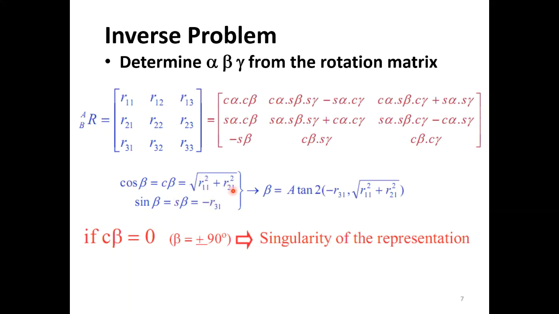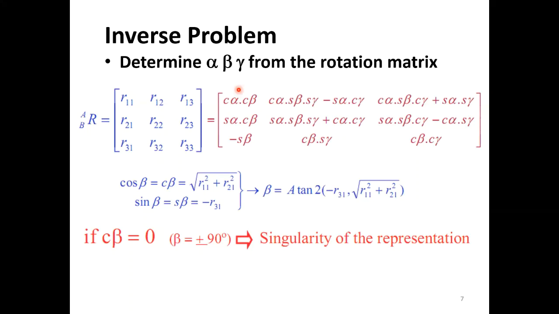R11 square plus R21 square. So is that right? R11 and R21. These are the two elements in the first column. Cos alpha, cos beta, get the square. Sin alpha, cos beta, get the square. Add them together.